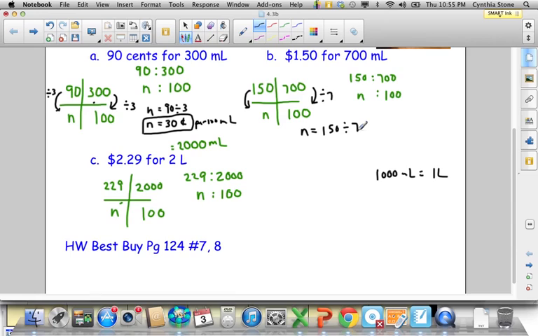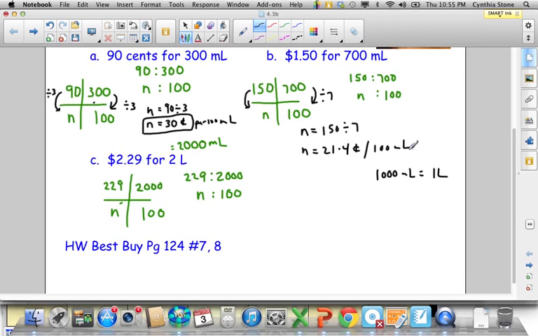I'll use a calculator for that. It's a weird number, 21.4. So we'll just put 21.4 cents per 100 mil.